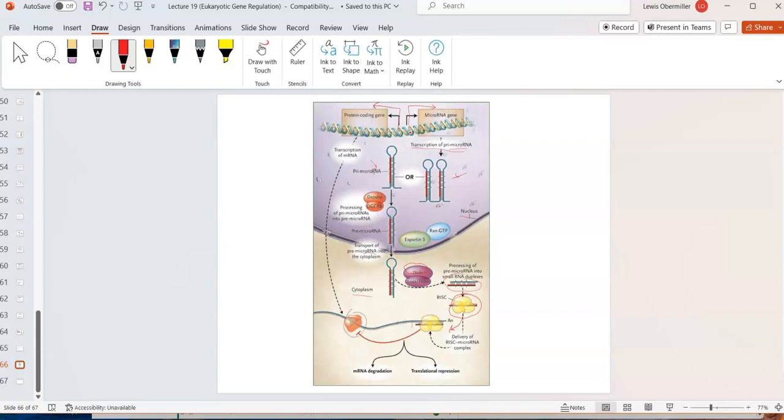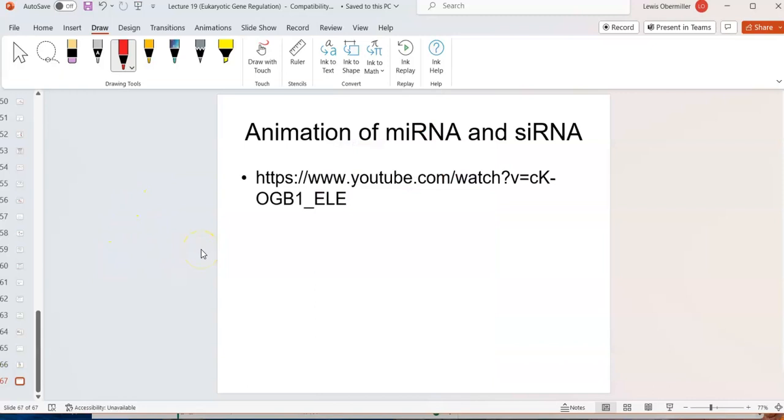The ribosomes can't actually translate the genes. So we get mRNA degradation and translational repression at the same time, because there are no more RNAs. And then there's an animation on this on YouTube of how these work. And that's it. So that's the end of eukaryotic gene regulation.